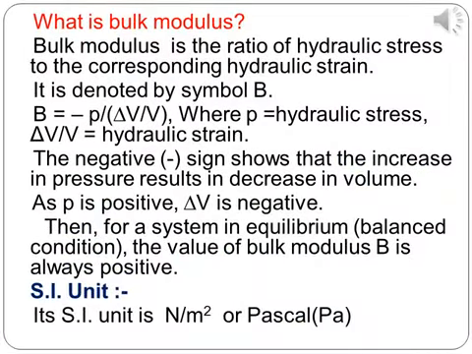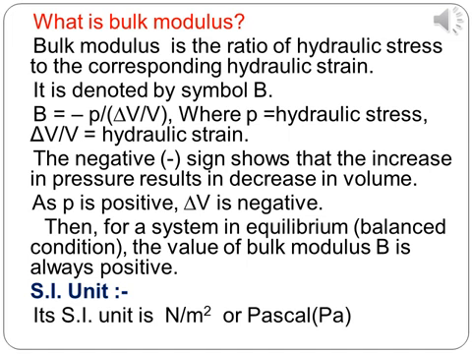Now, you are going to study what bulk modulus is. It is the ratio of hydraulic stress to the corresponding hydraulic strain or volume strain. It is represented by the capital letter B. Its mathematical expression is B is equal to minus P divided by delta V by V, where P is the hydraulic stress and delta V by V is the hydraulic strain or volume strain.